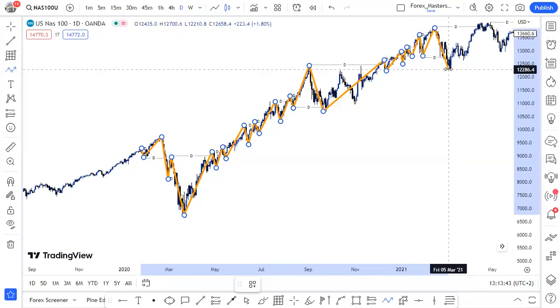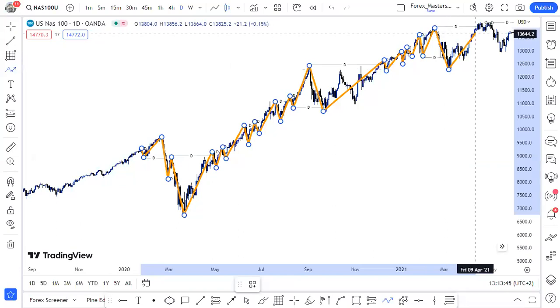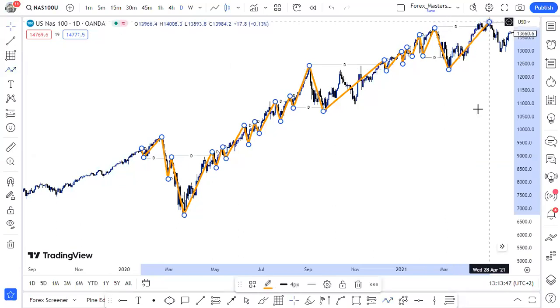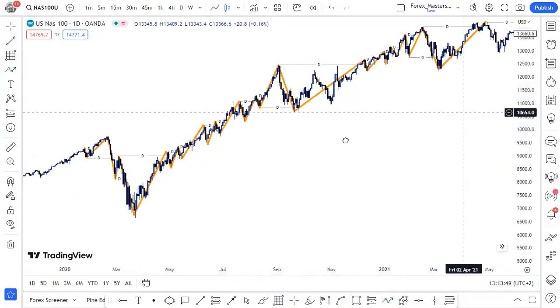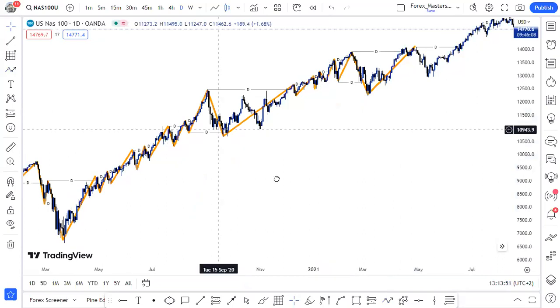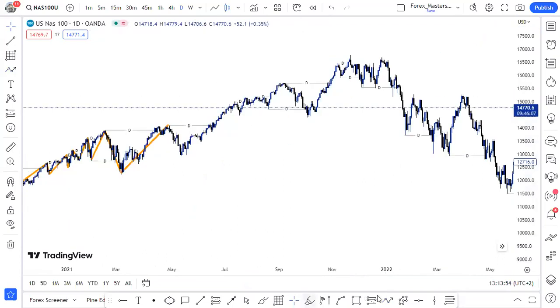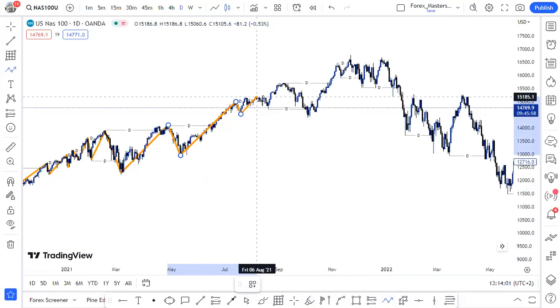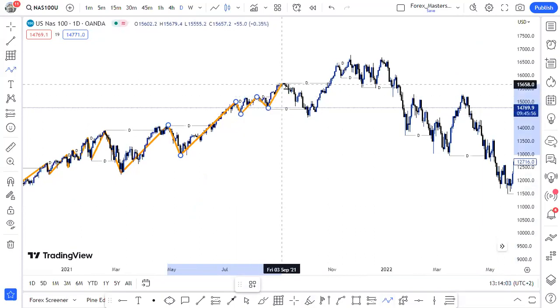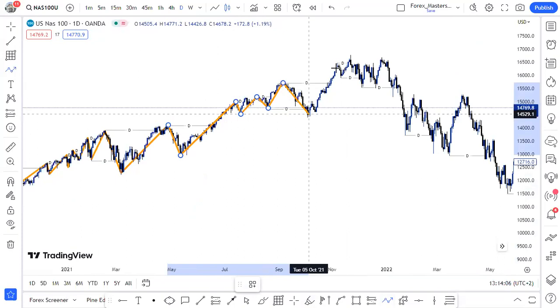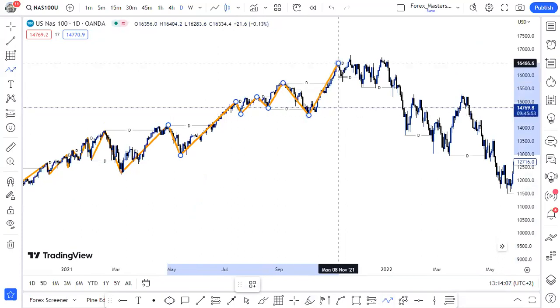It's never perfect, and it's our job to interpret what the market is really doing for us, based on what we have learned, and understand these variations in market structure. So yeah, this is what we did.